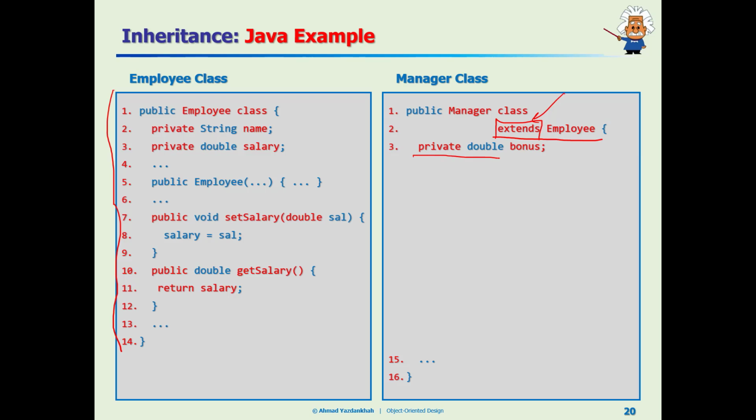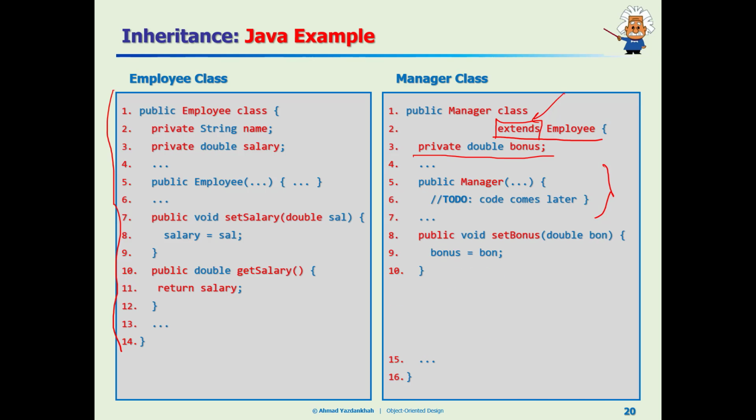We added a new instance variable, and also we have a constructor that we will talk about later. And because we added this instance variable, we will have a setBonus and probably getBonus, but we don't care about getBonus right now.